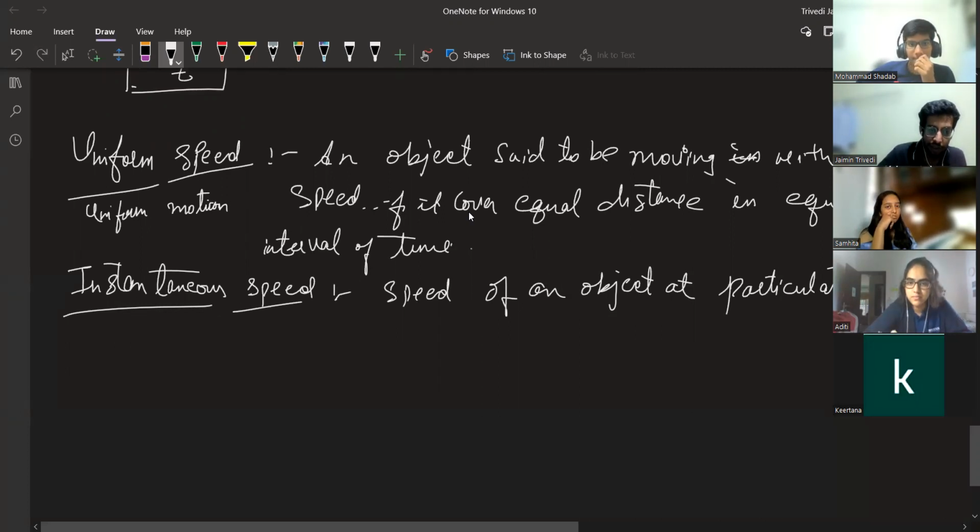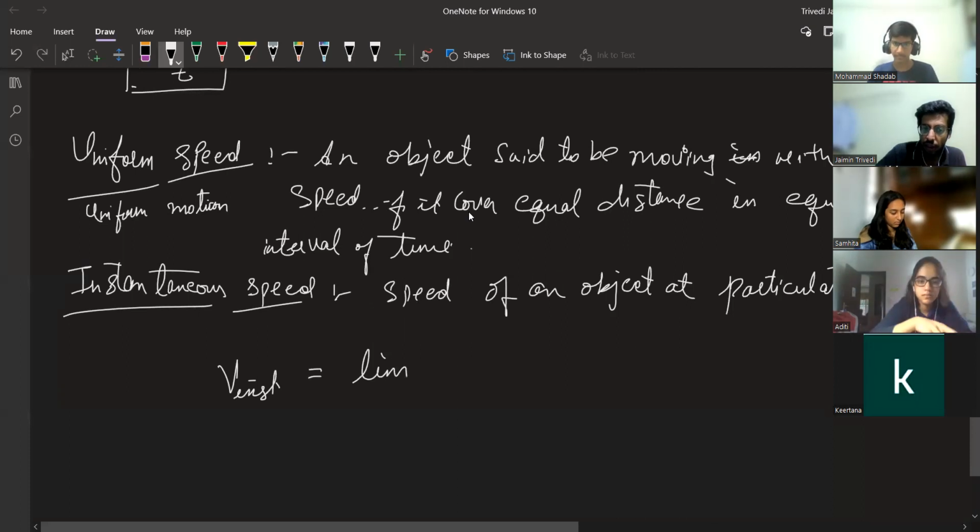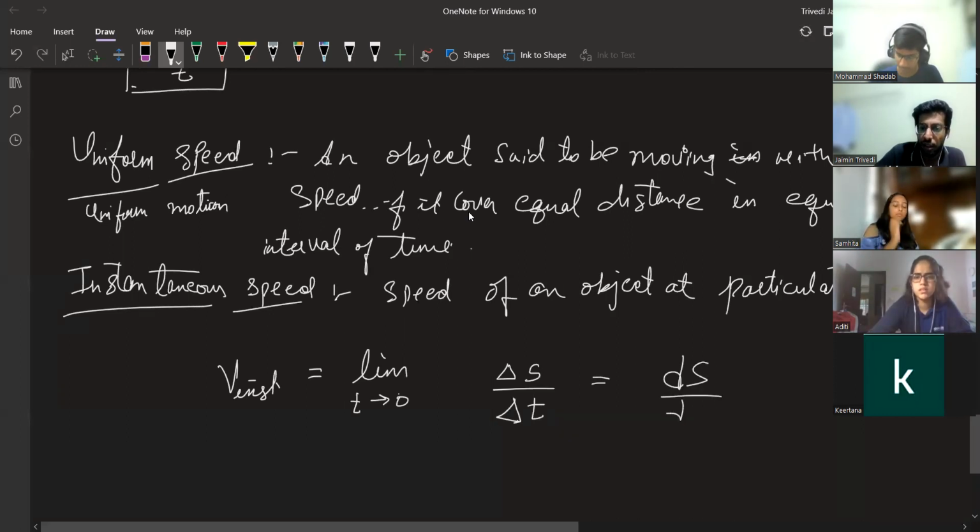So in short, we'll write here v instantaneous equals the limit as delta t tends to 0 of delta s by delta t. Now to simplify this, we have ds by dt.